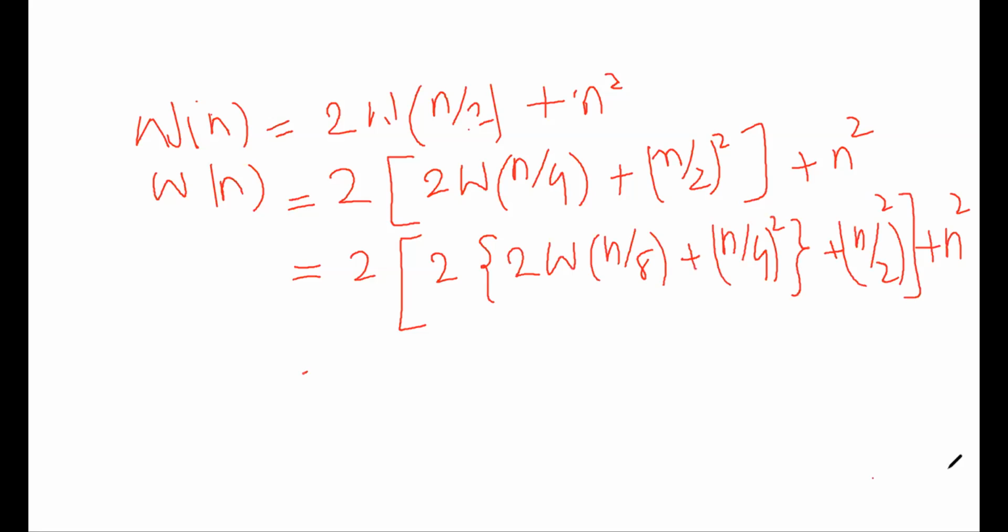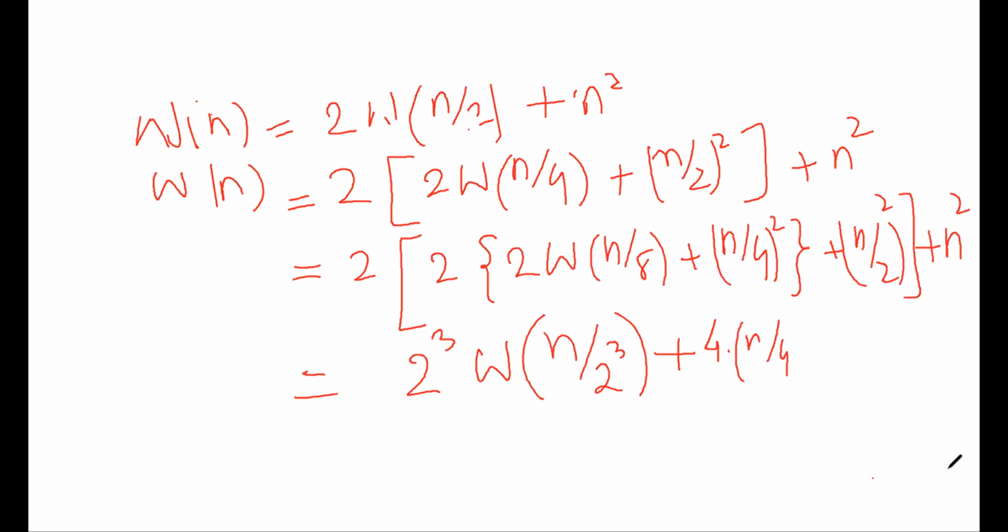So this is equal to 2 cube W n by 2 cube, plus n by 4 whole square gets multiplied by 4, so it is 4 into, let me just write it down.